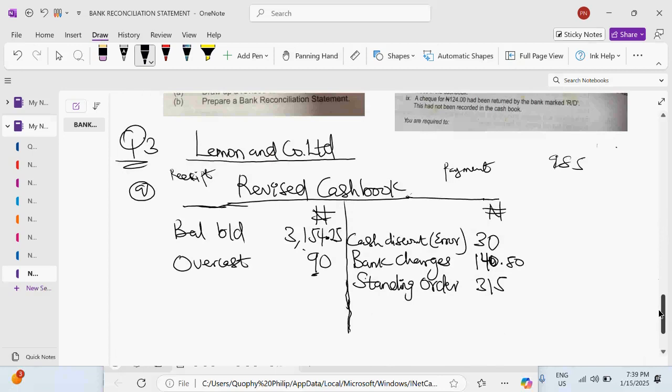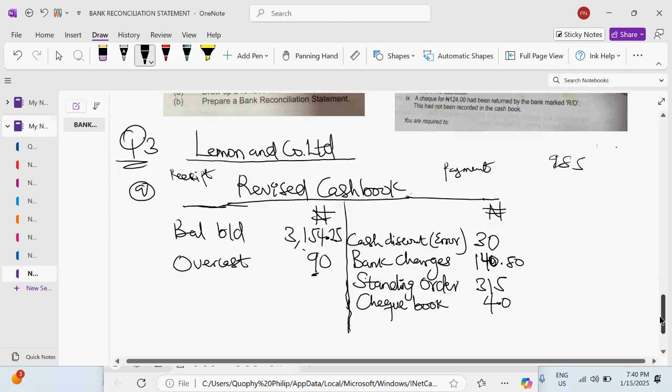Payment, right? Checkbook issued. So we requested a checkbook from our bank, and they deducted 4 cedis from our bank account. So that is an expense to us, so payment. So checkbooks, that is 4 cedis.